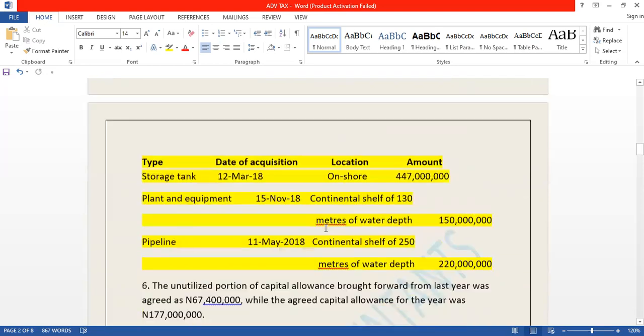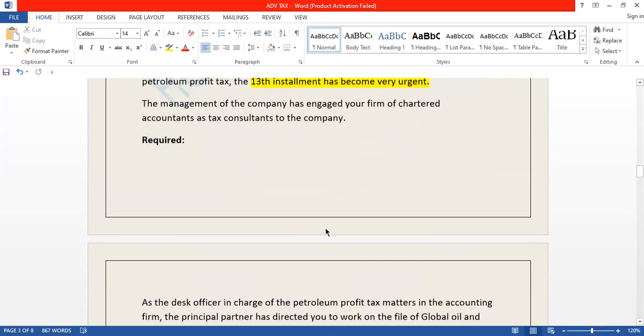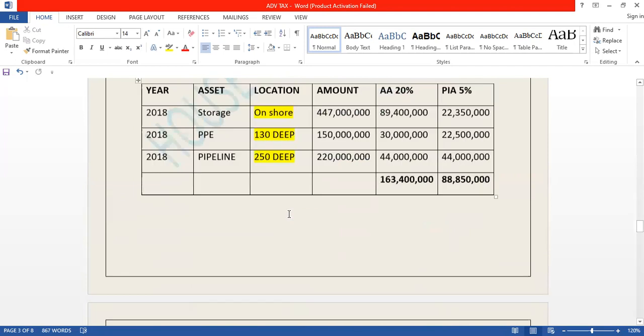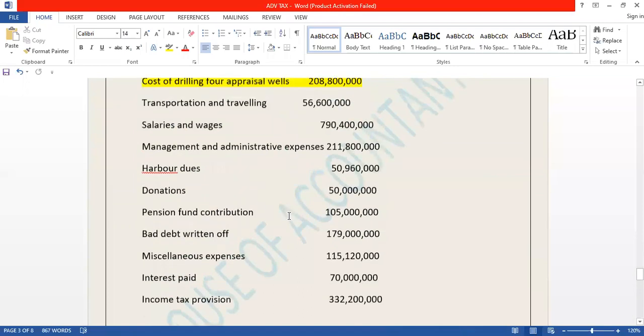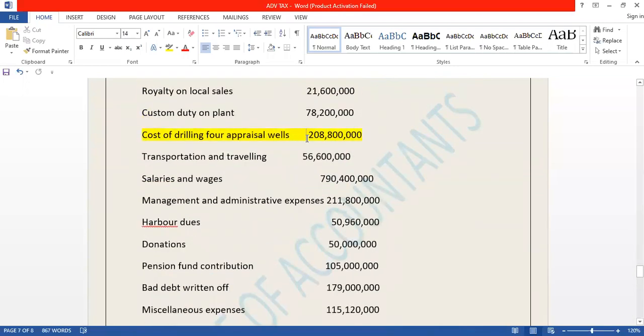Okay. 2 over 6 multiplied by 208. Let me check my calculator here to see. So 2 over 6 multiplied by 208,800.